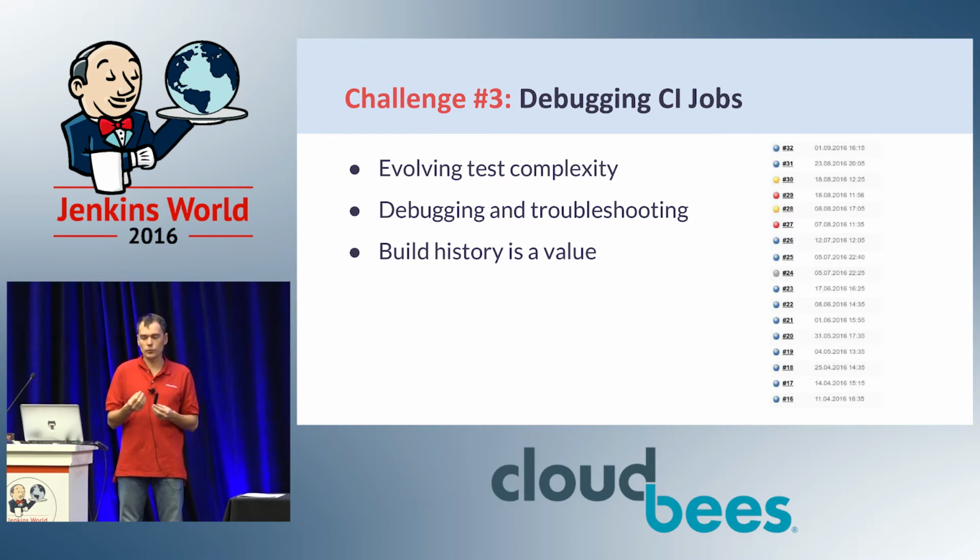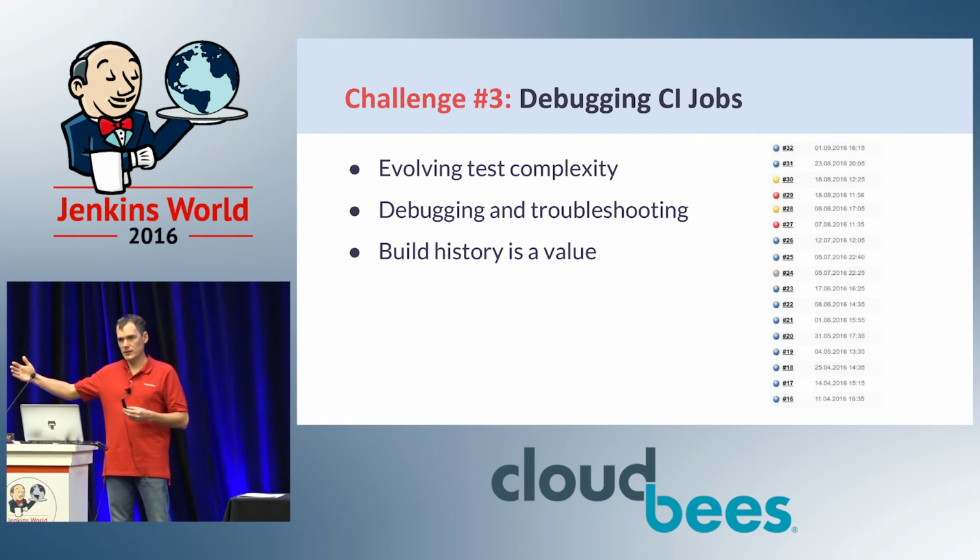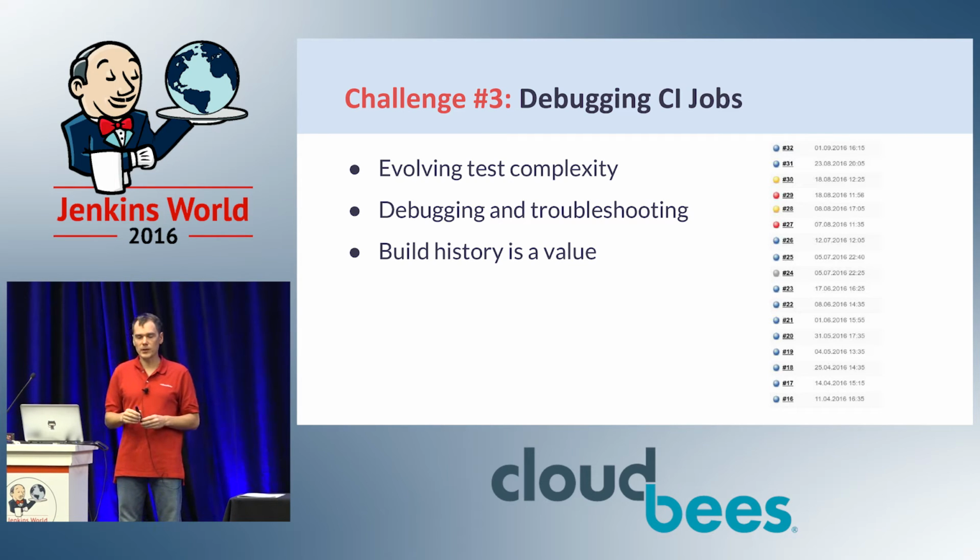So you don't want to spoil this history with debugging trial executions. You would rather have it clean. Okay, we failed, and then we fixed the failure. Not: we were fixing and fixing and fixing. This is not the right picture to show to your management. This is not the right way to do it.